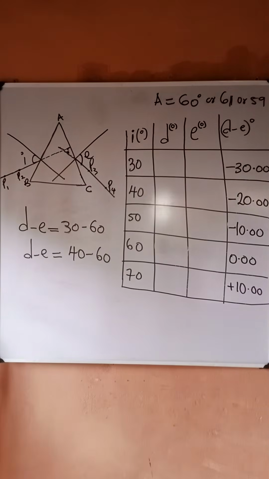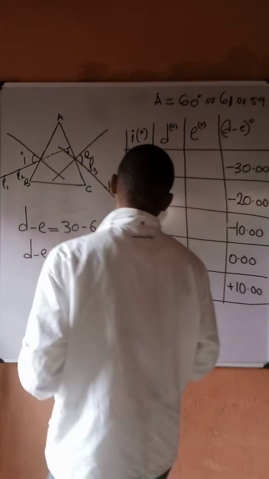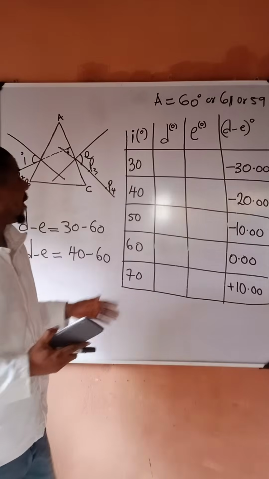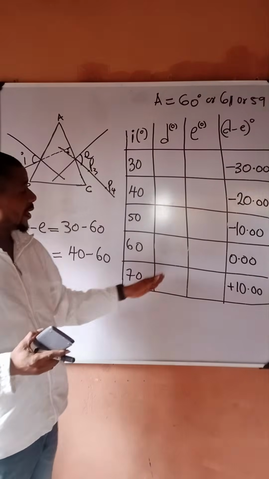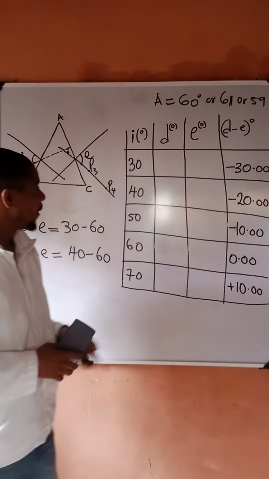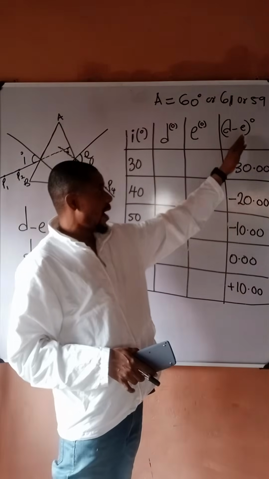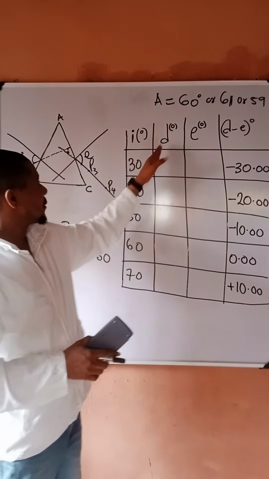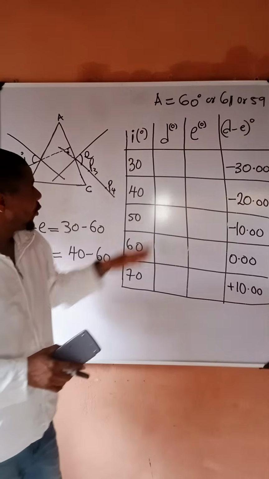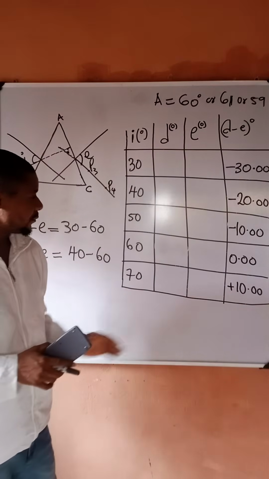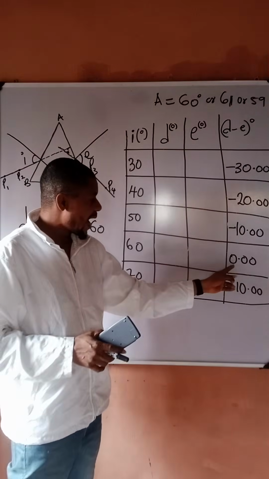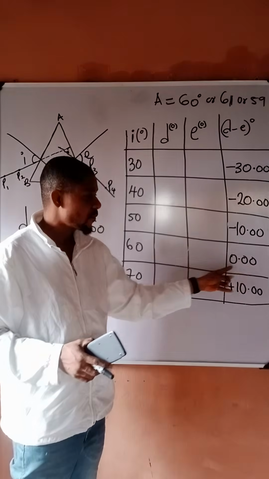And the next thing you will do is to look for some other values. Next thing you will do is for me to get these values now, okay? After getting D minus E, you will get your D. So for me to get my D, I will start from where I have 0.00.